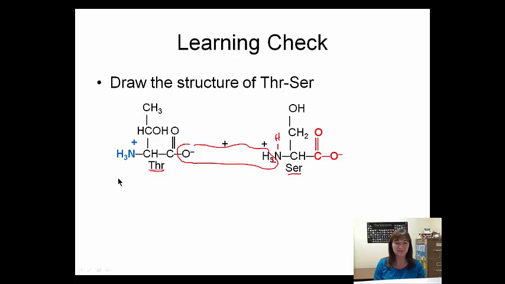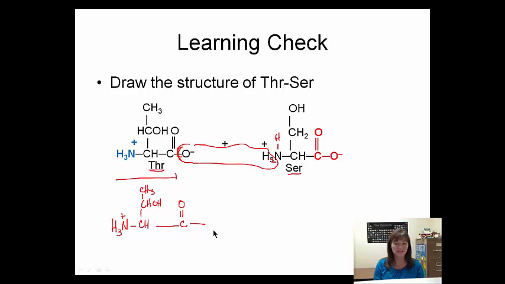So I am going to start writing this thing from left to right. So I'm going to start here with my H3N with its positive sign, going to a CH, and then up above I'm just going to put the H on the right side because I like that better. CH3. And then I keep going along. Then I have this carbon which has the double bond oxygen. Now here's where I have to change because I've taken off this oxygen.